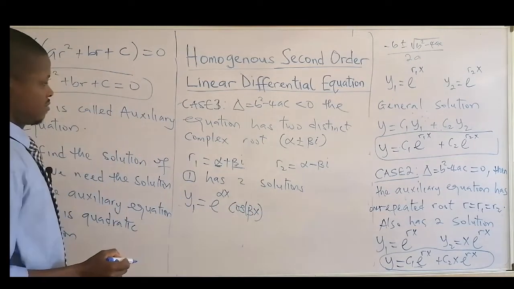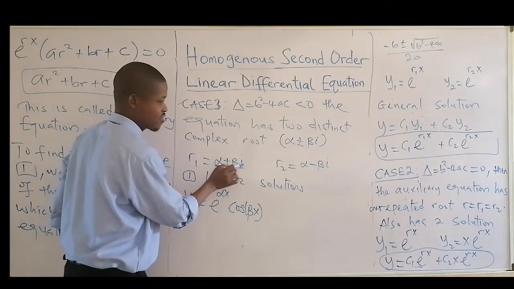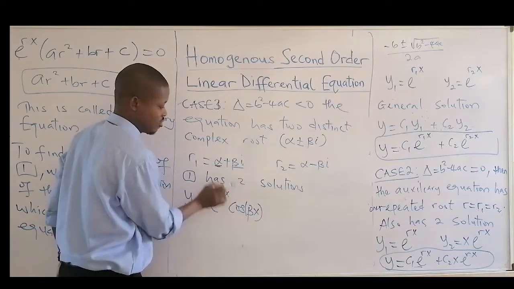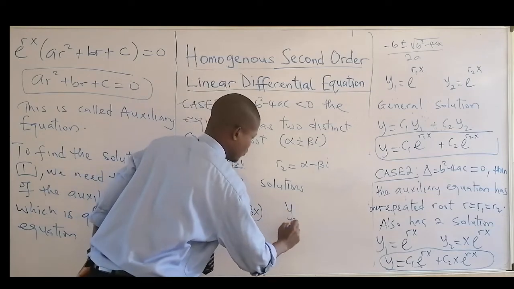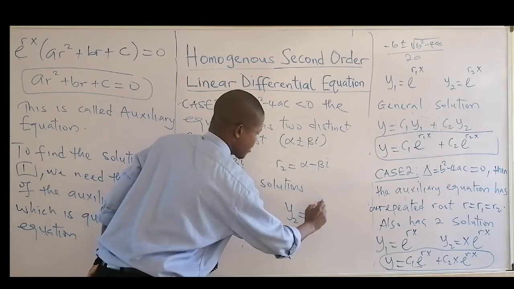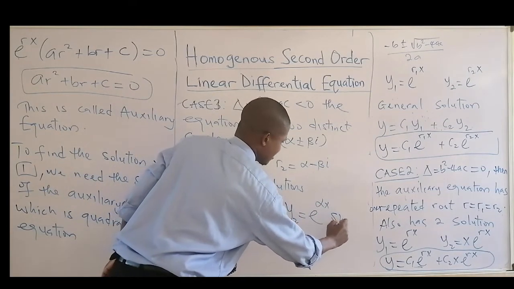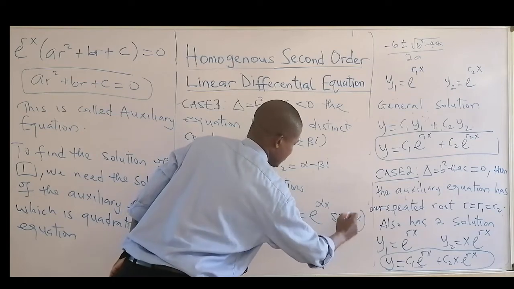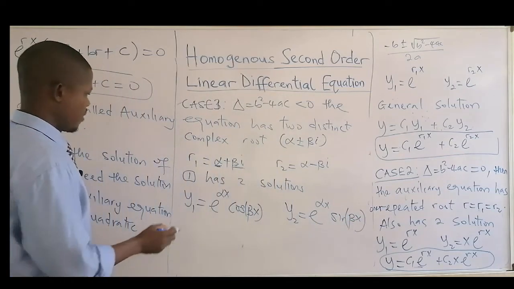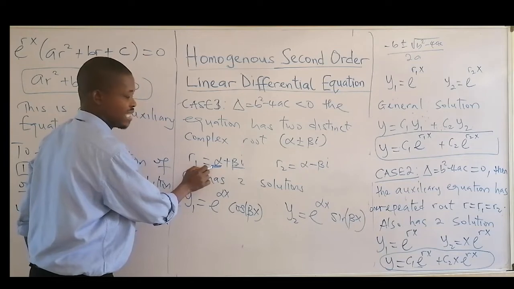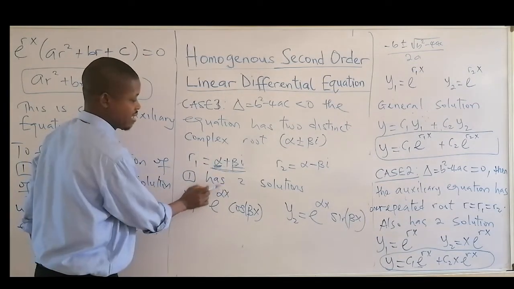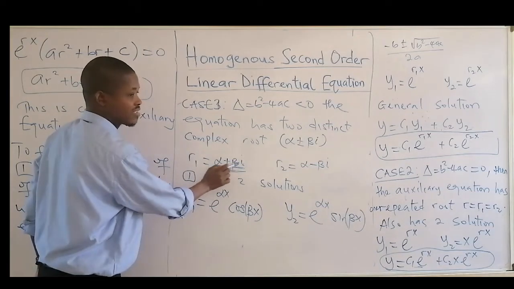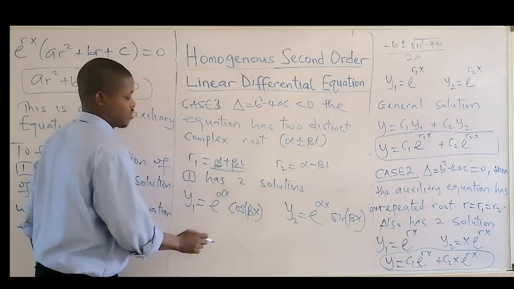Whatever the coefficient of your complex number is, that's your beta. Then y2 is e to the alpha x sine beta x, where the real part of that complex root is alpha and the coefficient of your complex number is your beta.